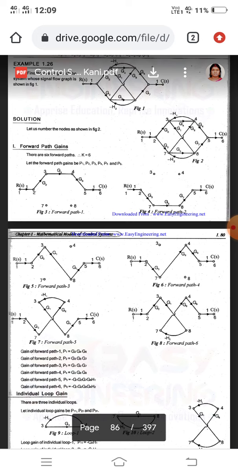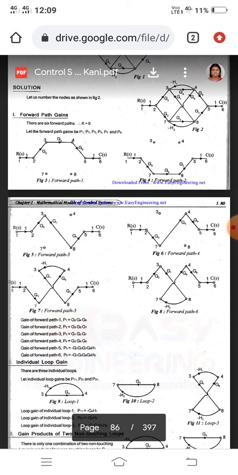The fourth forward path is 1, 2, 7, 4, 5, 6. The fifth forward path is 1, 2, 7, 4, 3, 8, 5, 6. The sixth forward path is 1, 2, 3, 8, 7, 4, 5, 6. So we have 6 forward paths.